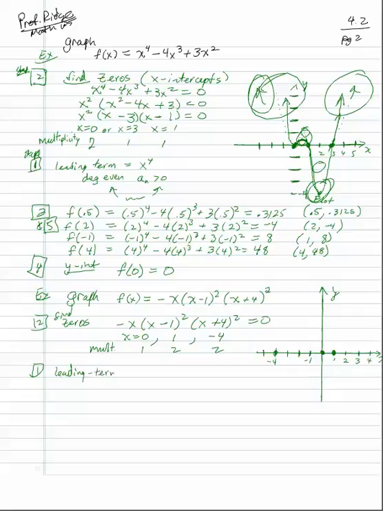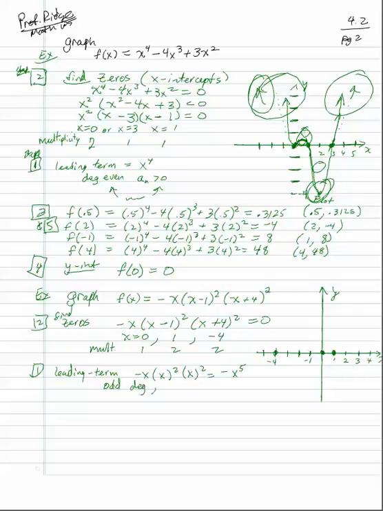So the leading term is going to be negative x times x squared times x squared. And just ignore the minus 1, the plus 4. So that's going to be equal to negative x to the fifth. Okay, so the leading term is negative x to the fifth, so that's an odd degree and negative.